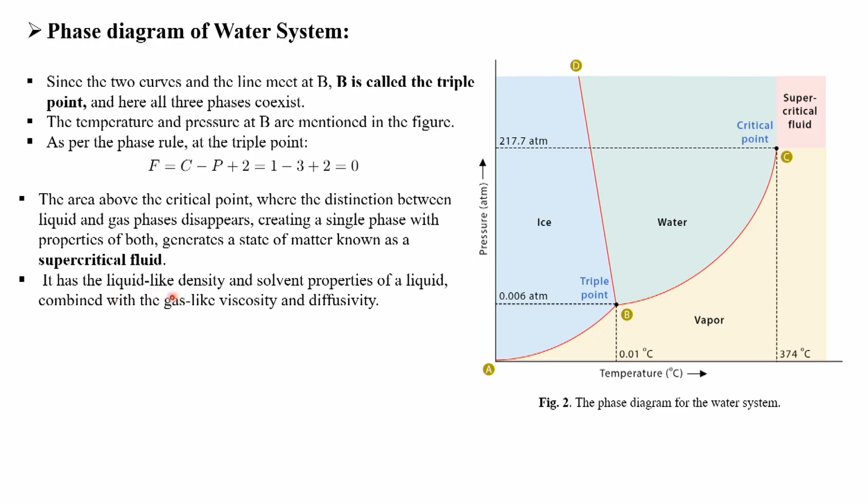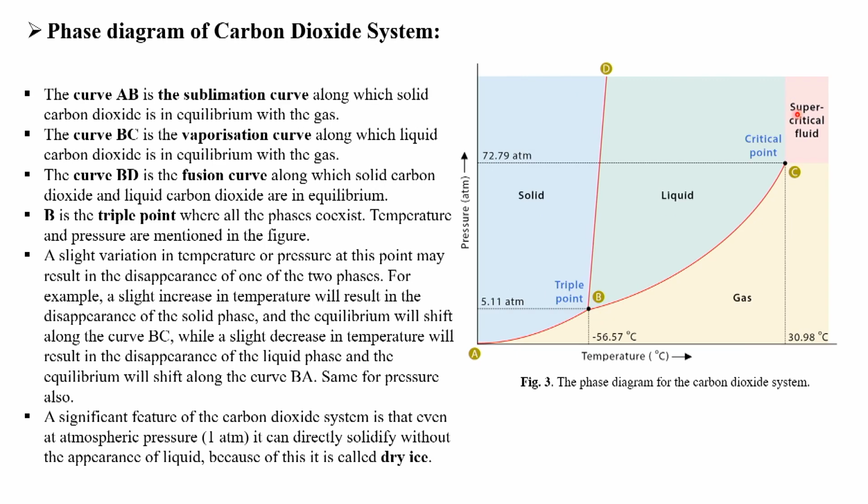It has the liquid-like density and solvent properties of a liquid combined with the gas-like viscosity and diffusivity. So at this region we get liquid-like density and solvent properties combined with the gas-like viscosity and diffusivity.